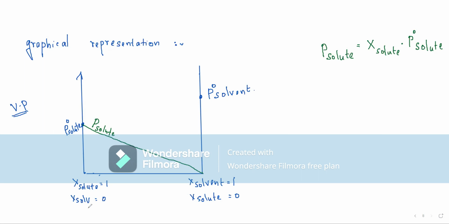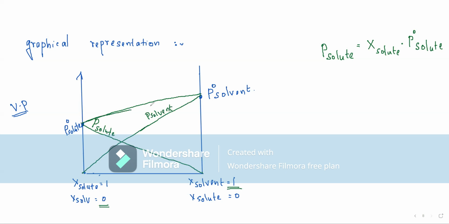Similarly, when I move from left to right, x of solvent goes from 0 to 1. So as I move from left to right, the partial pressure due to the solvent increases. So this line represents P of solvent. Mole fraction increases, accordingly partial pressure also increases. Now, to find the total pressure, we are connecting these two lines.